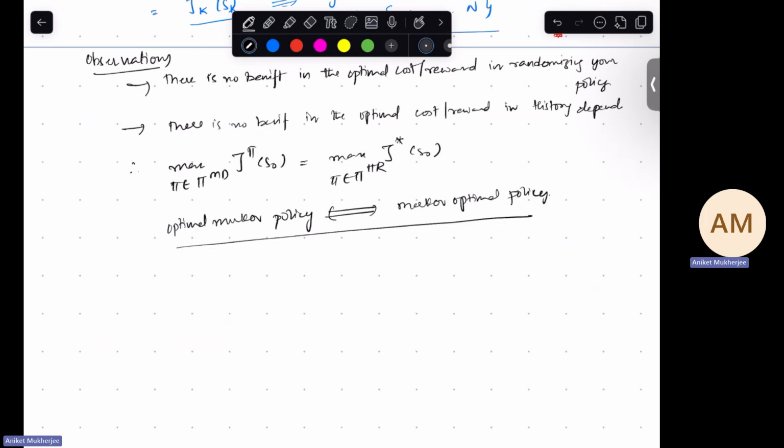Because the optimal policy you get there might not be the same policy, but the optimal cost that you get from it will remain the same. You can do no better by looking at history dependent policies, right?